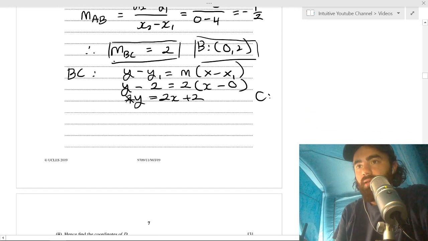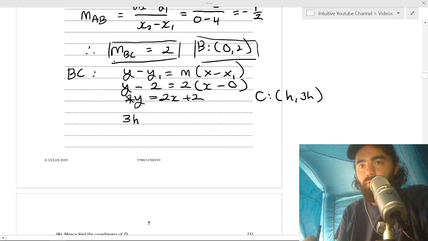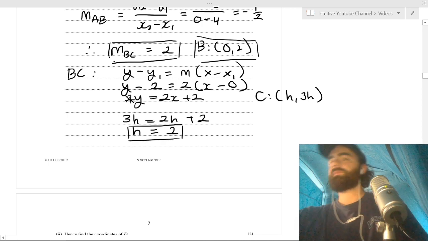Remember that C is at h, 3h. So if we substitute this in, we get 3h equals 2h plus 2. That's h equals 2. So your answer is h equals 2 there.